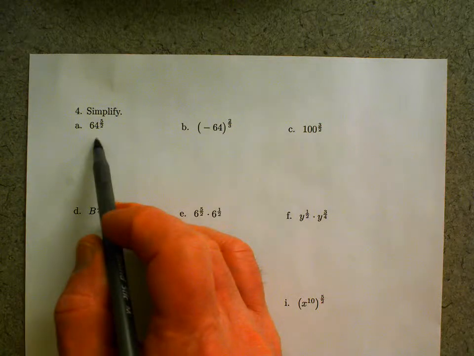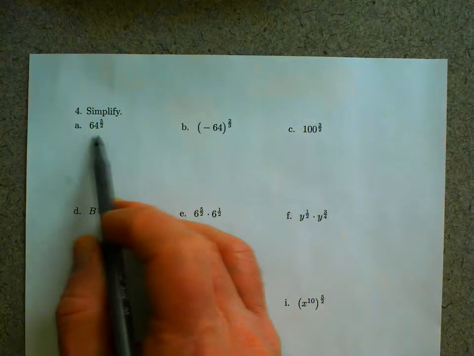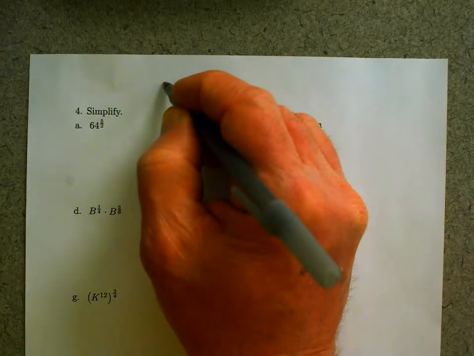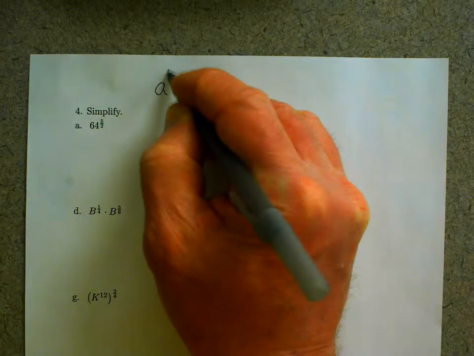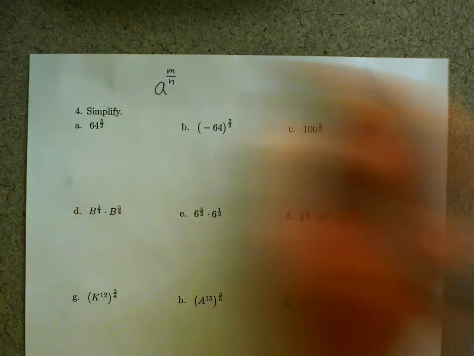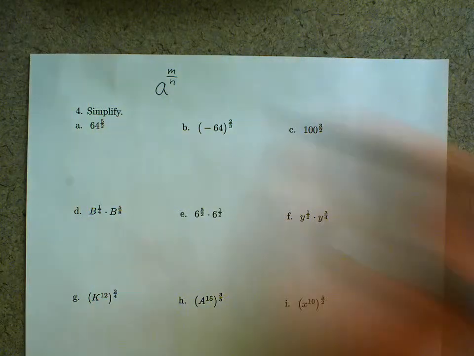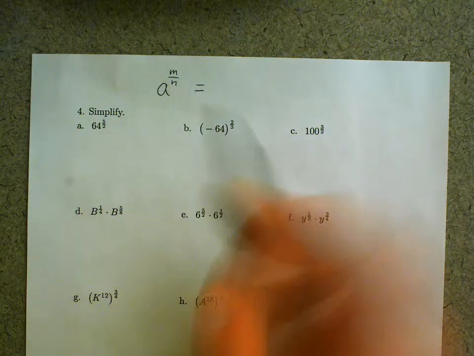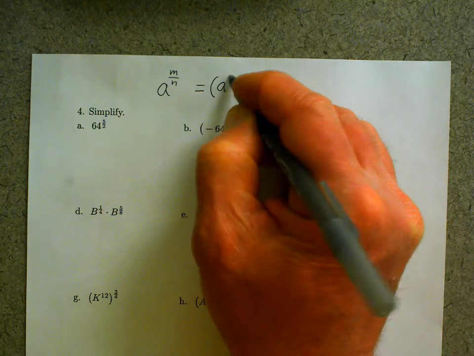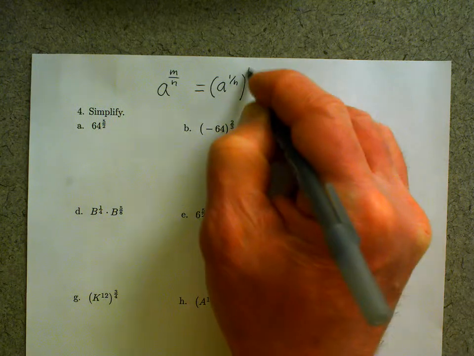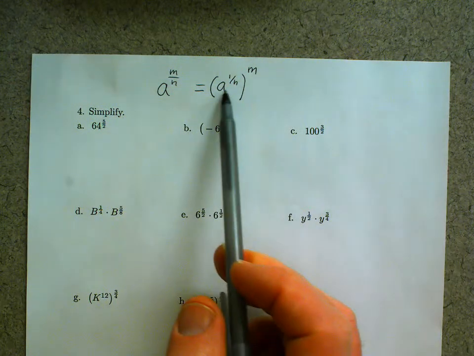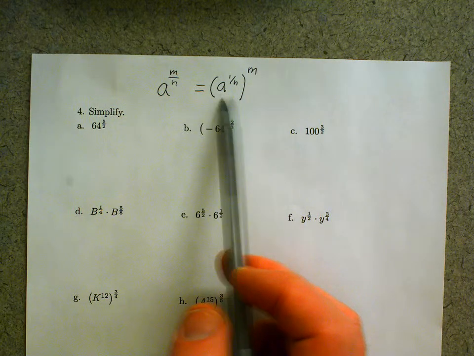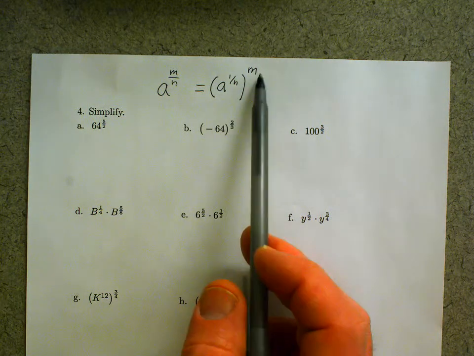So when simplifying expressions with rational exponents like this, my suggestion is rewrite a to the m/n as a to the 1/n to the m. Then determine what a to the 1/n is, and then after you've found that, raise that to the power n.